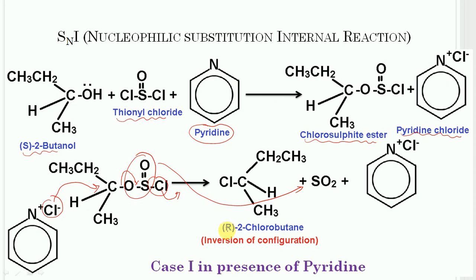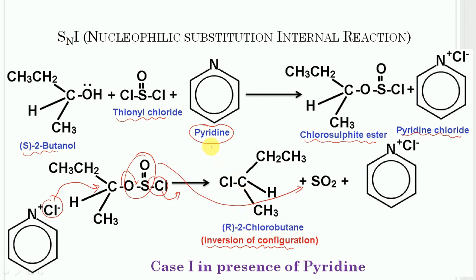and R-2-chlorobutane, which is the inversion of the configuration, and this product is formed due to the attack of the chloride ion from the backside. So two different products will form. If we take pyridine, then inversion of the configuration will take place, and R-2-chlorobutane will get formed.